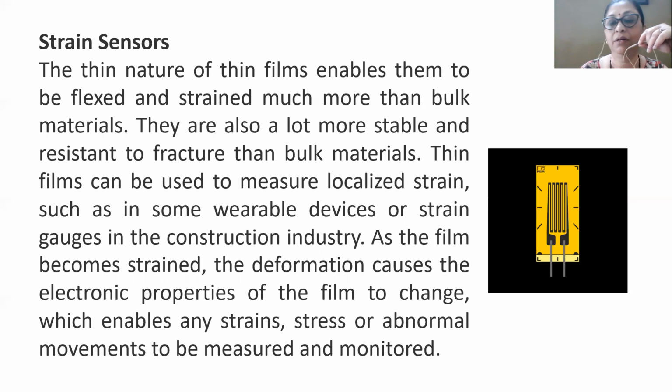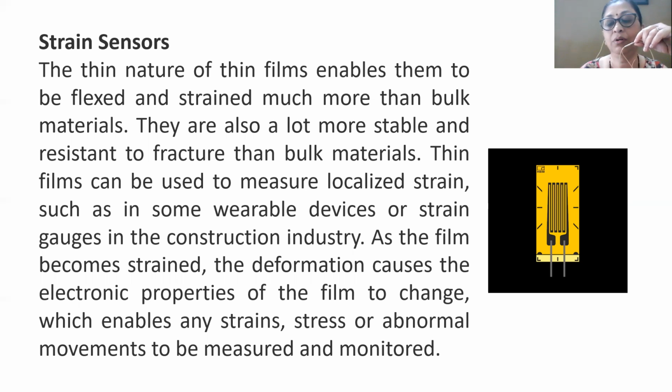Here in the figure you can observe a metal type strain sensor. If you apply a stress to this material, a strain is produced, and that will cause elongation of the metallic wire and reduction in the diameter of the wire.